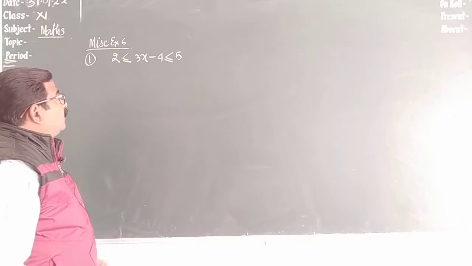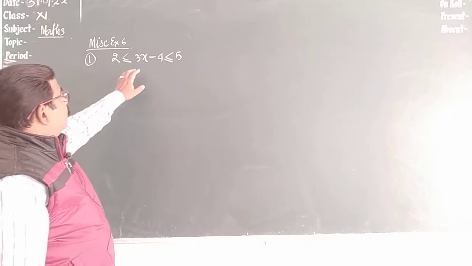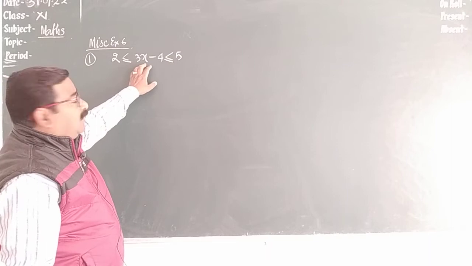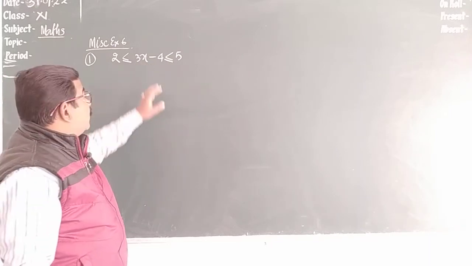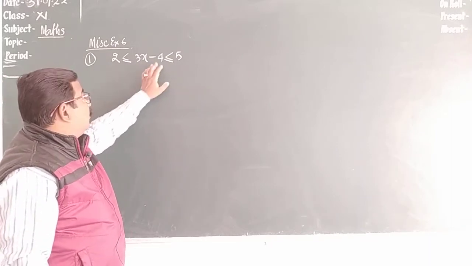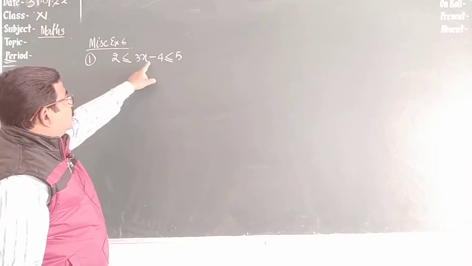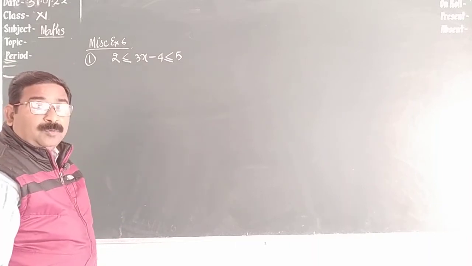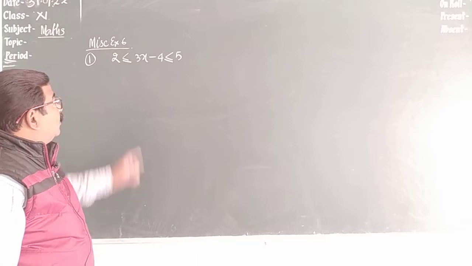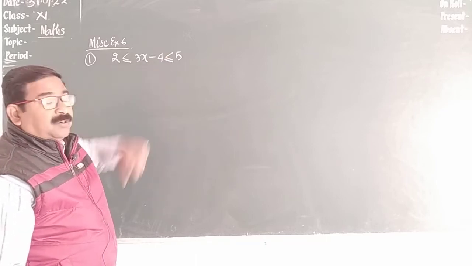First of all, we have to make this x in the middle alone. First we have to remove this 4, after that this 3, and so on. So here it is minus 4. So what to do? We will add 4 in all 3 terms.